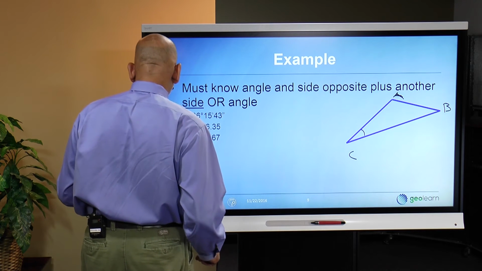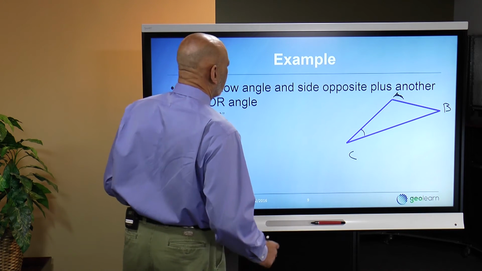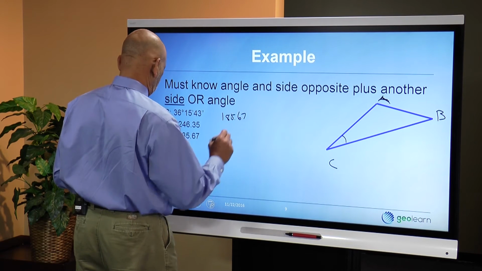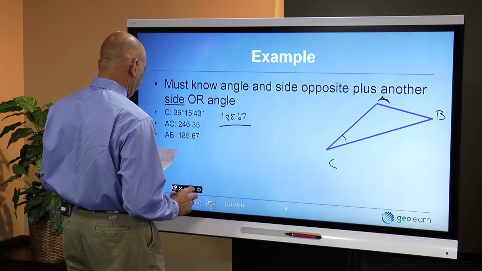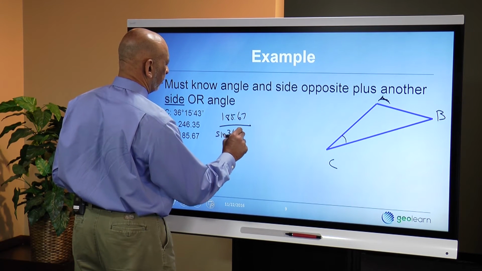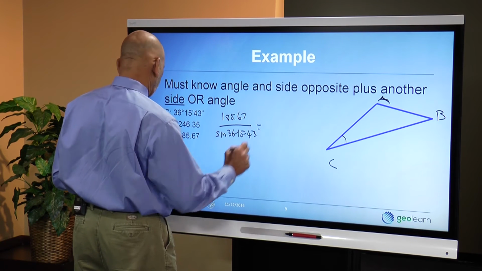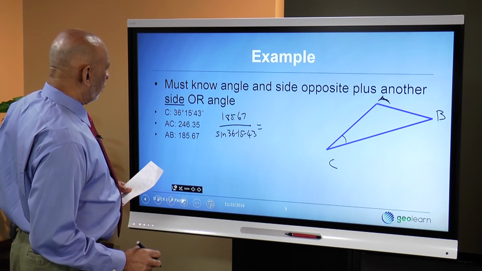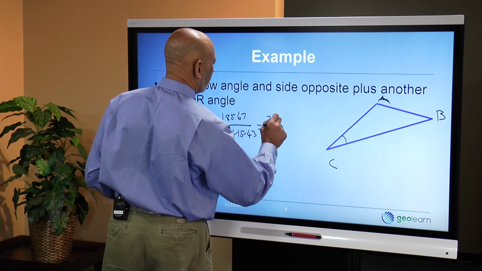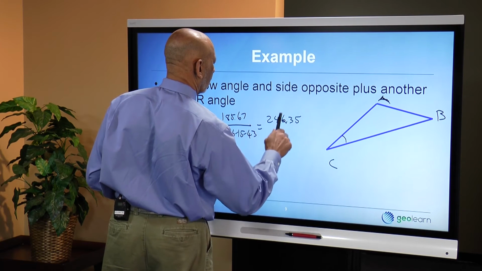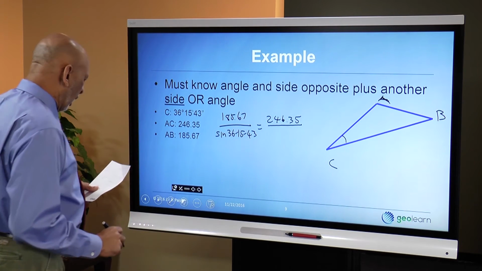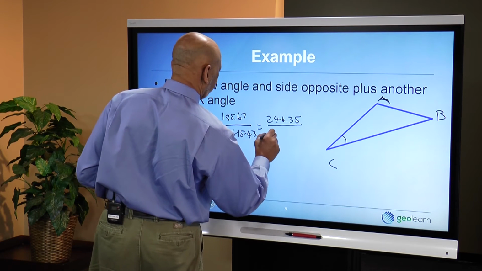So in this case, I'm going to take 185.67, which is this distance over here, divided by the sine of 36°15'43", and that would be equal to 246.35, which is side AC, divided by the sine of B. Sine of B is what we're solving for.